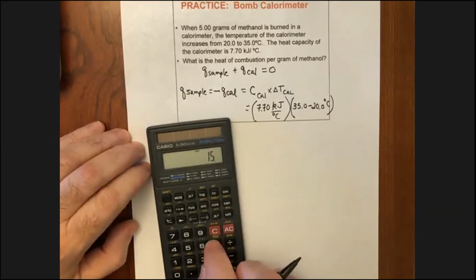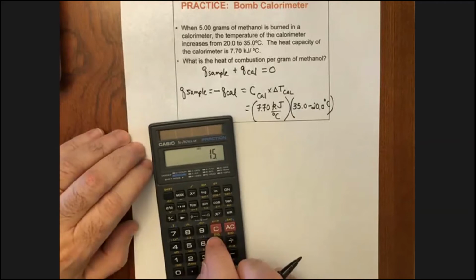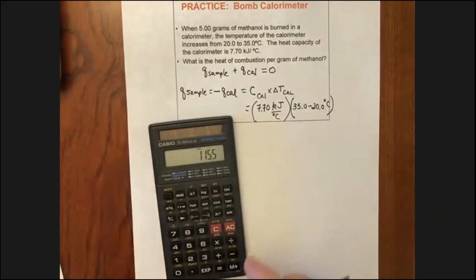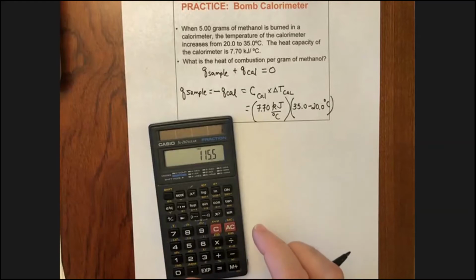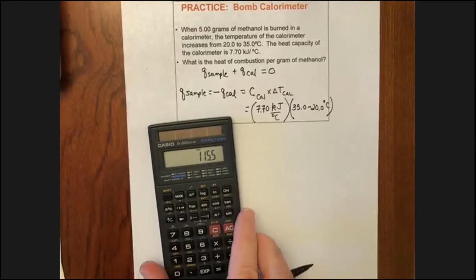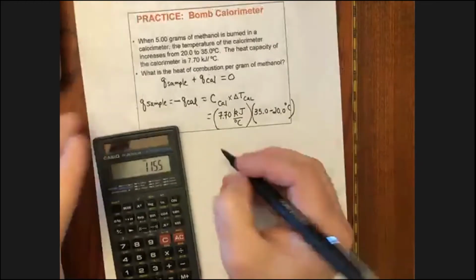And now I multiply times the heat capacity and I get 115.5 kilojoules. Now, here's what I can do. I can either round it at this point, or I can save it in here and round at the next step.